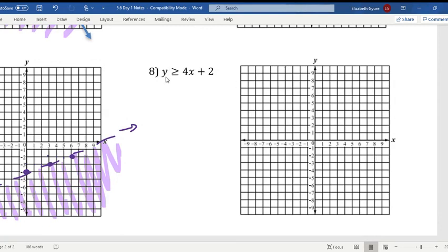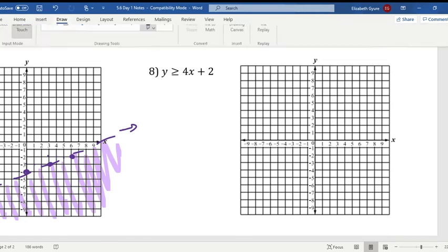Number 8, we've got y is greater than or equal to 4x plus 2. Bailey, what do you think my y-intercept is for this problem? That's actually the slope part. So the part that's attached to x is your slope. So which part then do you think would be your y-intercept? The 2.